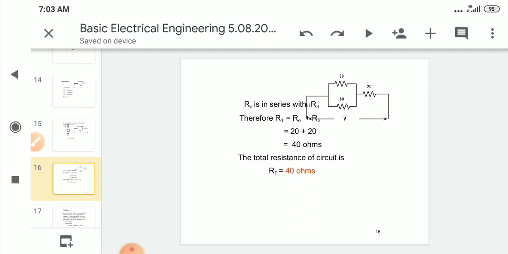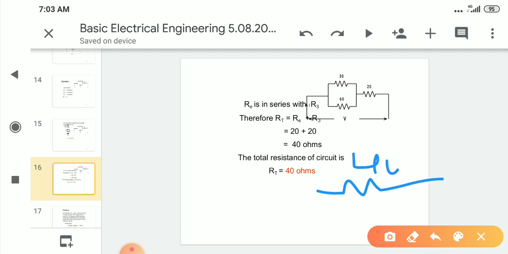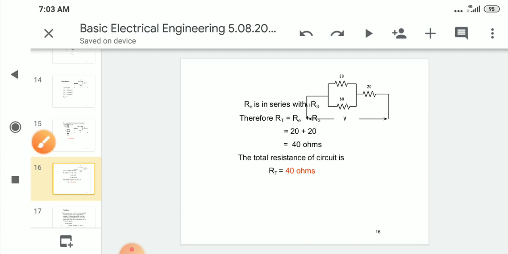So instead of these three resistances, we replace them with a single resistance in our circuit. By doing this type of thing, we simplify our circuit, and sometimes the cost of the circuit is also reduced.